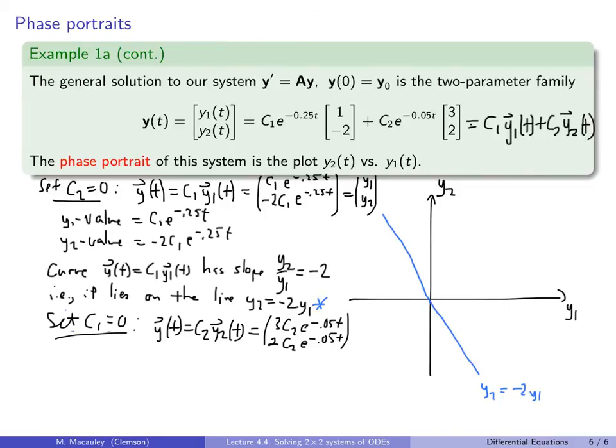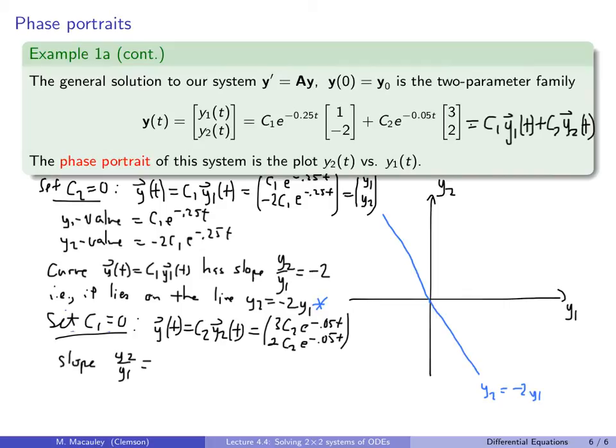So when C1 equals 0, we have a one-parameter family of solutions, and let's do the same thing. So the slope of this curve is y2 over y1, which is that over that, which is 2 over 3.